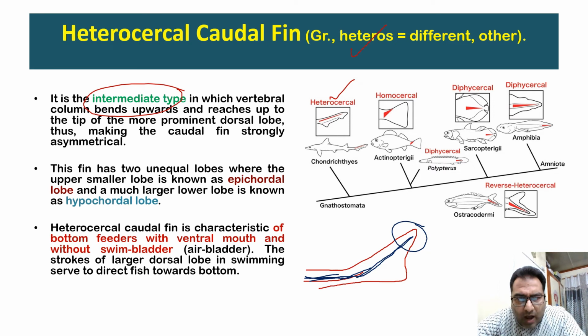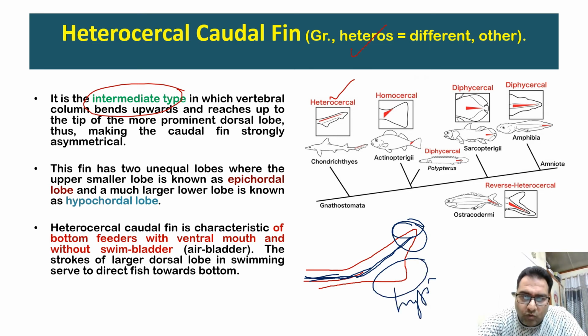The fin has two unequal lobes. Now herein we see that the tail has not equal parts but unequal parts. That is the apicaudal lobe, which is the smaller one, and the larger hypocaudal lobe. The hypocaudal lobe is larger and the apicaudal lobe is smaller.